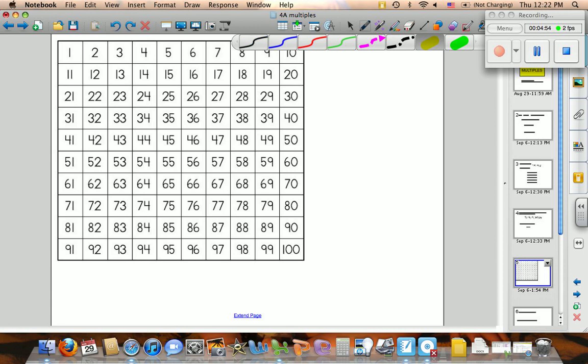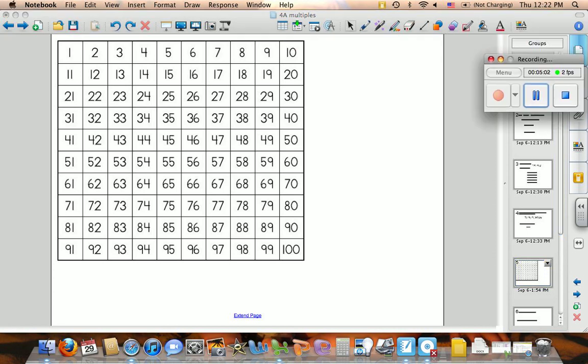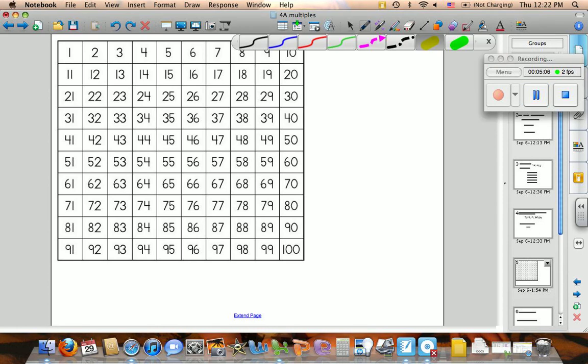For example, if I wanted to highlight the multiples of 3, I could say 3, 6, 9, 12, 15, 18, 21, and so forth. You can see you're just skip counting by 3s every time.